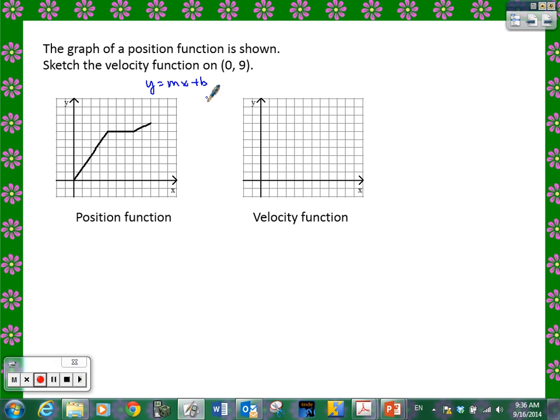So we're looking here. So between here and here, so what is that? 0 and 4. Between 0 and 4, what's our rise? 1, 2, 3, 4, 5, 6. So the rise is 6 and run is 4. So basically, what, 3/2? And so I would go over here.